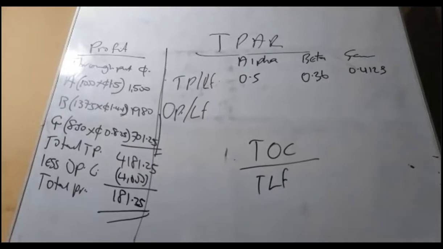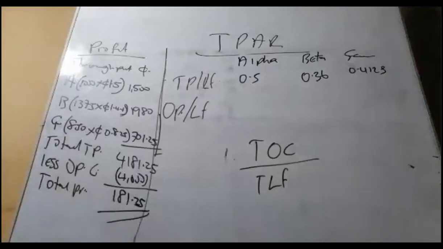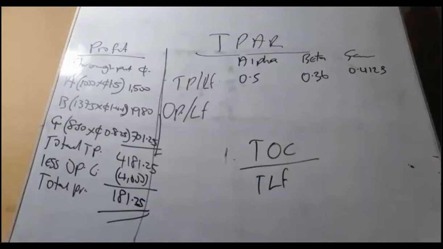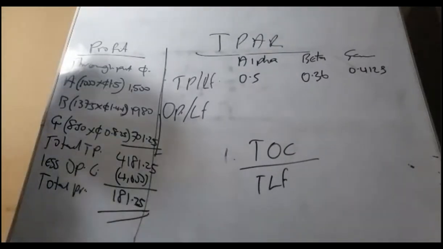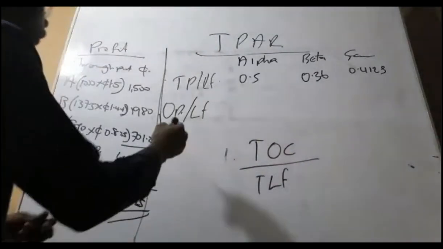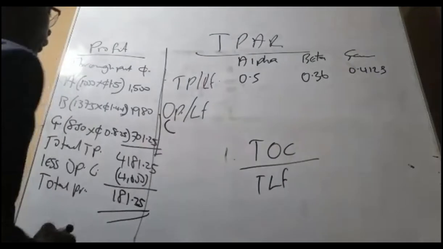Okay, what's the total operating cost? Then what's the total limiting factor? The total limiting factor is 10,200.